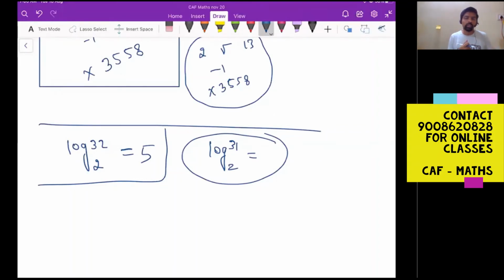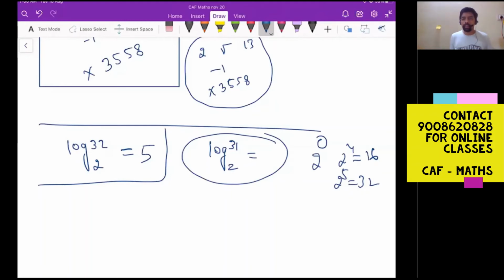Yes, Hemant. Tell me, in the inspection method, what should be the exponent? 2 to the power 4 is 16. 2 to the power 5 is 32. When will you get 31, what should be the exponent? But I want 31.